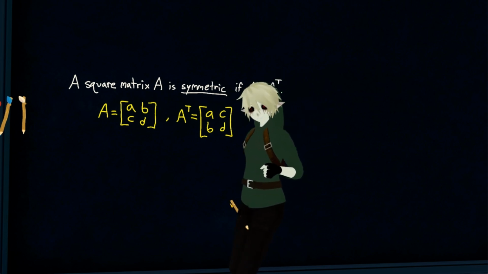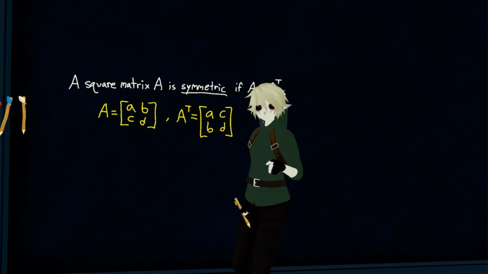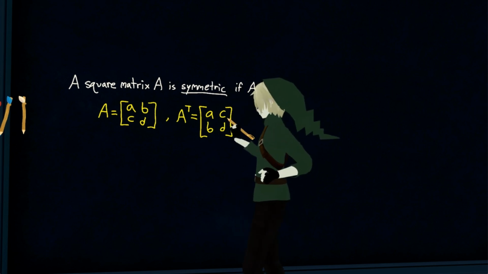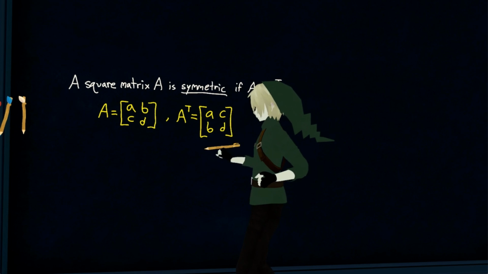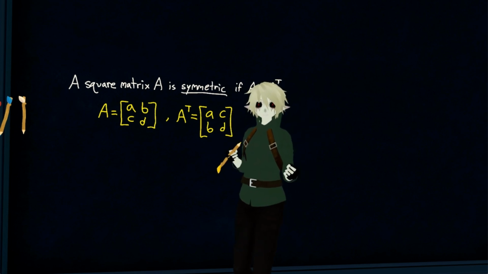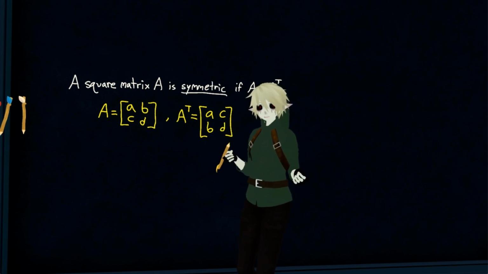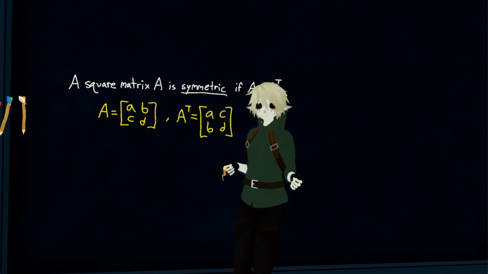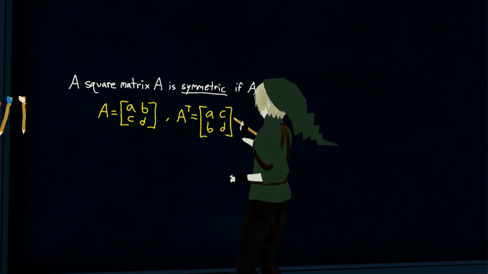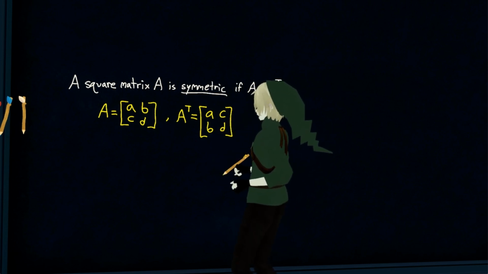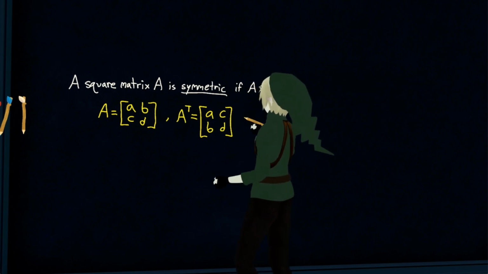Notice that in the square matrix, the only thing that switched is this. So that's what I mean by, in square matrices, it's easy to see what the transpose looks like, because in a square matrix, the only thing that switches is just the diagonals. You just switch the diagonals. And you do that for bigger matrices too, right?